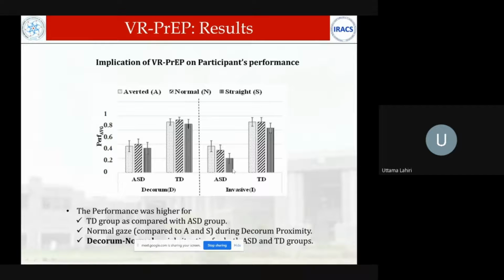So we could find that the decorum normal combination was eliciting the best performance among the children with autism or even typically developing children, barring the invasive configuration.